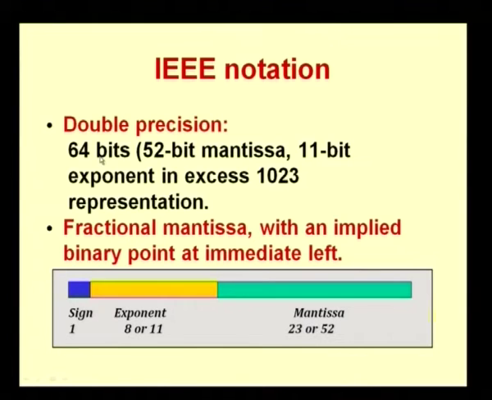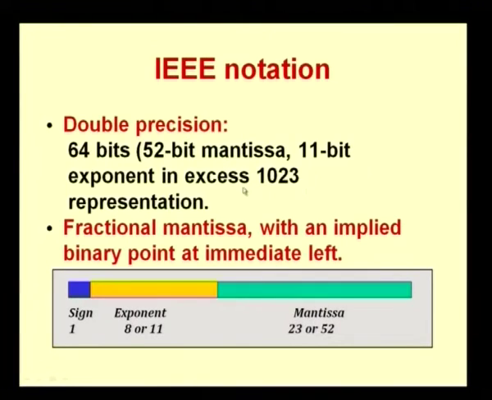Out of this, 52 bits are used for the mantissa and 11 bits for the exponent. Since we are using an 11 bit representation, this can go up to 2 to the power of 1023, so we use an excess 1023 representation. So, 52 plus 11 gives 63, plus of course 1 bit for the sign bit.